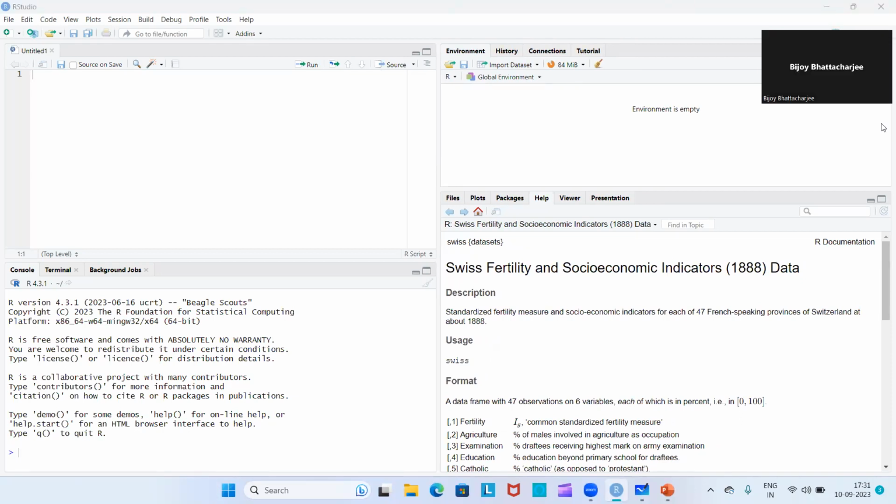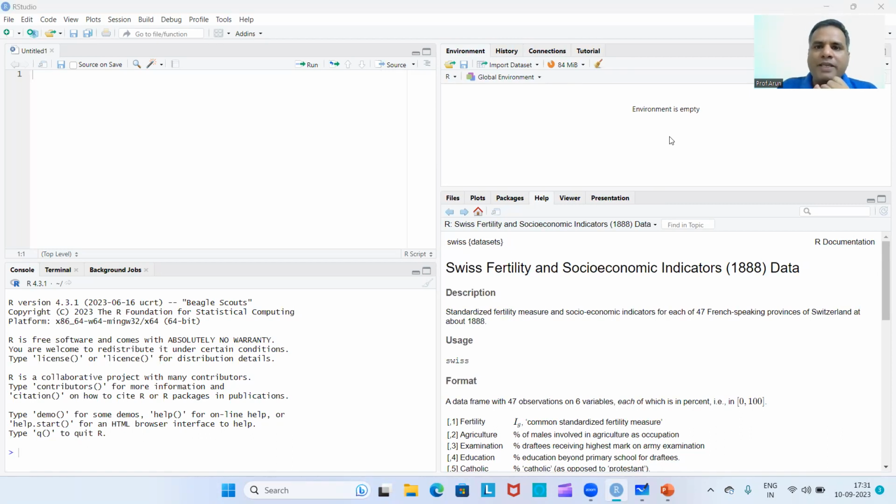As I said, there are two things that you need to download: one is the R base package and the second is RStudio. RStudio functions on the R base package. What's the difference between them? With the R base package, you can copy and paste syntax or commands written in some file and get the output, but working with it will not be that user friendly.